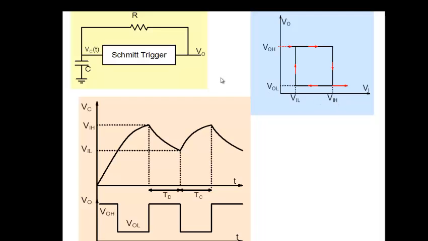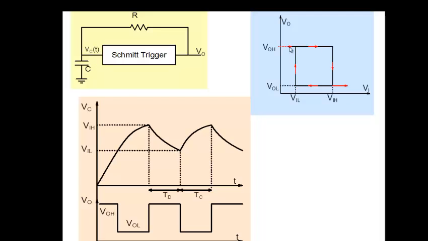So now this is VOL here, and the capacitor is at a higher value, VIH. So what happens is the capacitor starts discharging. This C here that you see starts discharging through R here. It keeps on discharging. Now you're coming back, you're retracing the path. From VIH, as the capacitor discharges, the voltage keeps on decreasing till you come to VIL. Once you come to VIL here, the Schmitt trigger switches again.